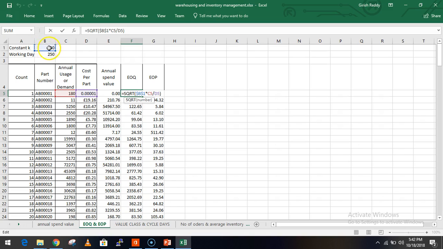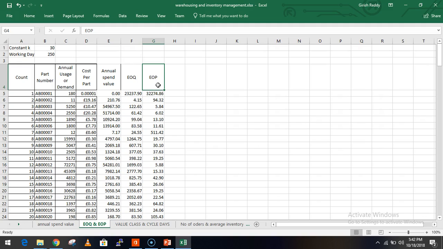Here B1 is a constant, you can see it here, multiplied by annual usage divided by the cost per part. So you will get the EOQ value. Once you get the EOQ value for the first part, as I said before, just select the cell and drag it down so that you get all the values for the 200 parts.